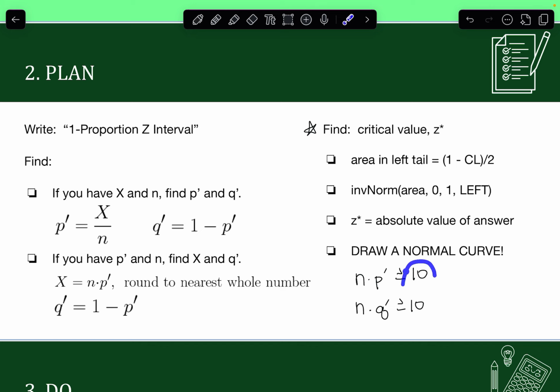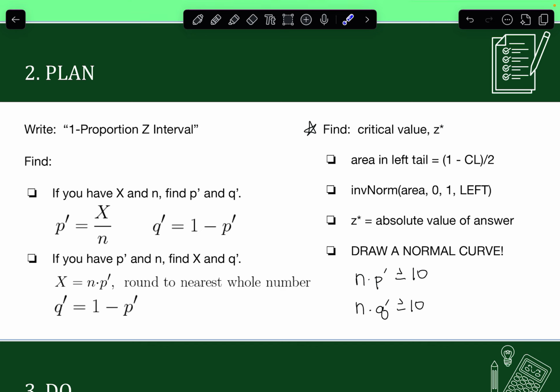But there is a lower limit, and if we're less than that, the normal is not going to be an accurate estimate of the binomial that actually exists here. We are estimating a binomial distribution with a continuous distribution. If this is not true, the normal is not a good fit.